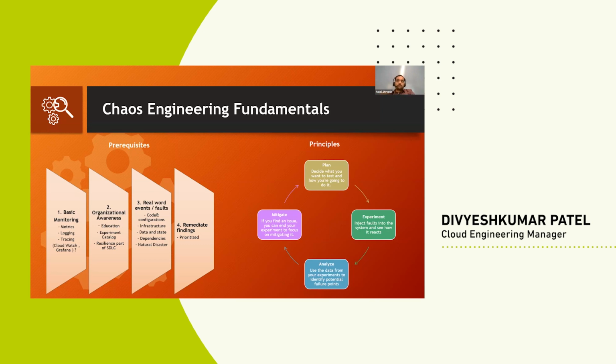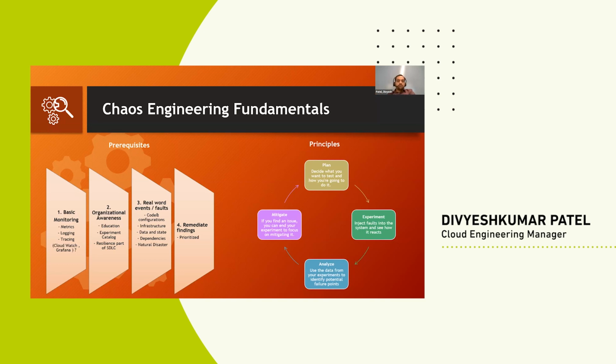So the fourth step, part of the prerequisite, is remediating the findings, right? As part of the chaos testing, you will find some issues. Maybe you will not find any. If you don't find any issue, it means your application is resilient enough. But if you find an issue, you need to prioritize and fix it, right?